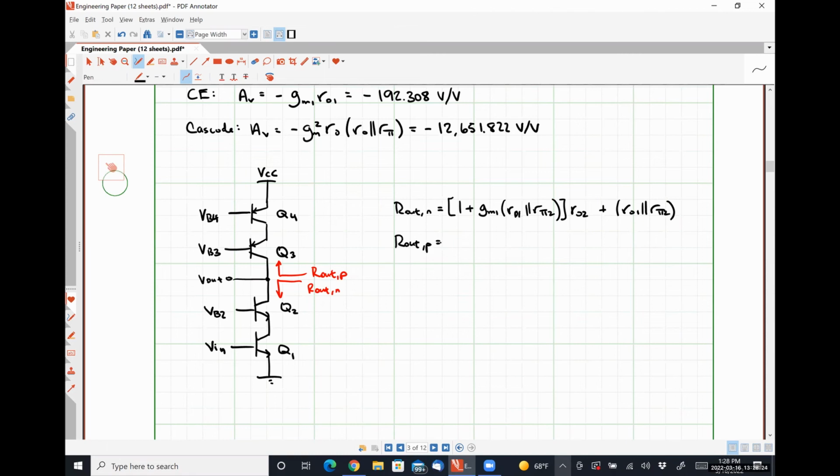We should easily be able to surmise what R out P is because it's just the same cascode configuration, except it's using PNP transistors, right?